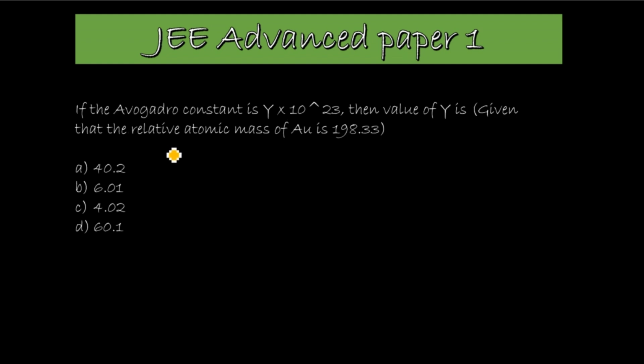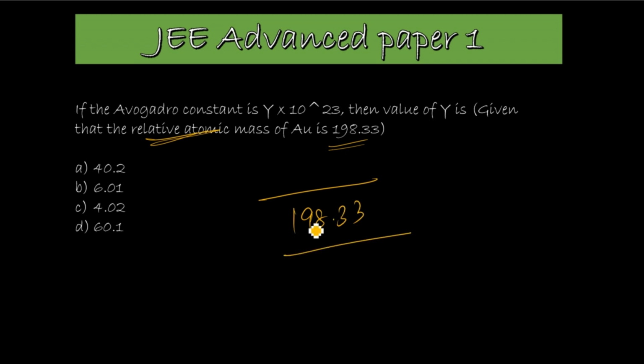If the Avogadro constant is Y into 10 to the power 23, then the value of Y is, given the relative atomic mass of gold is 198.33. Okay, so Avogadro's constant, they are asking. So just a simple equation, relative atomic mass we know that is 198.33, right?